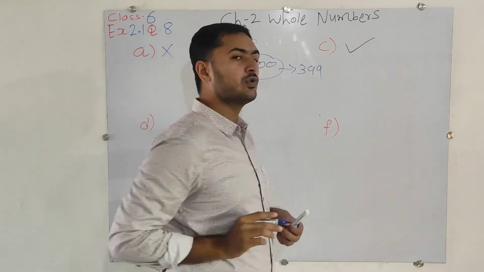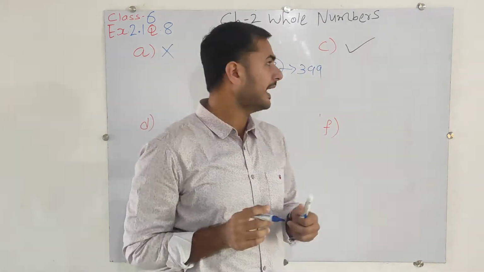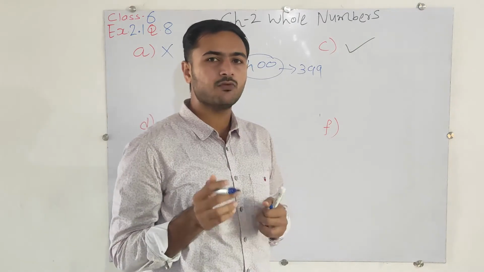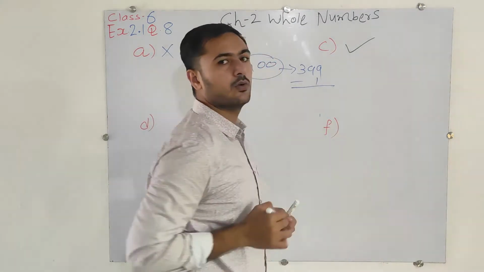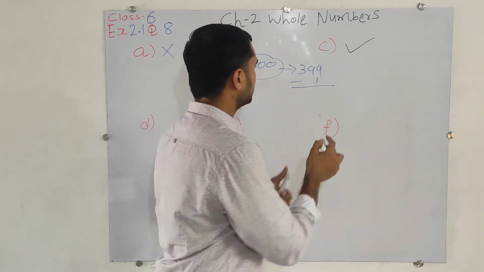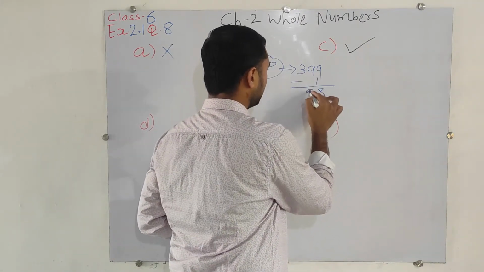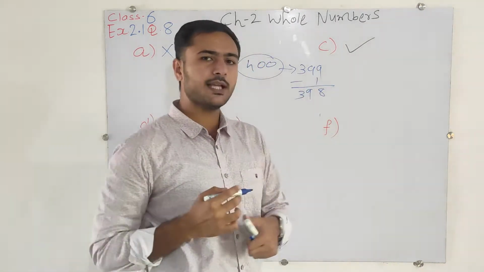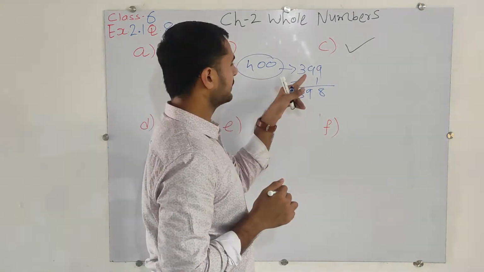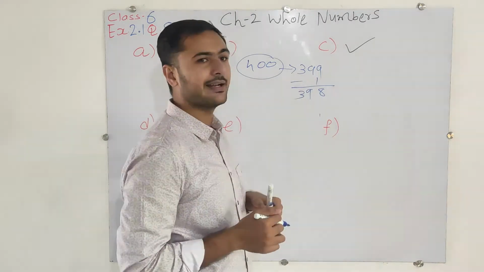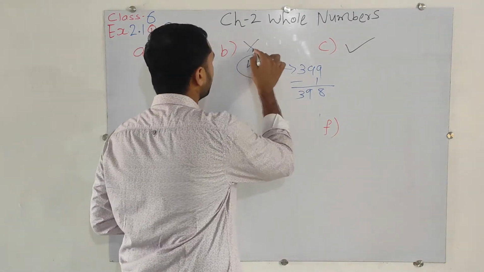Now to identify that, how will we check? We will just subtract 1. Here I will just subtract 1. Now 9 minus 1, that is 8. 9 as it is, and 3. So here we can see that 398 is the predecessor of 399, not 400. It means B is wrong.